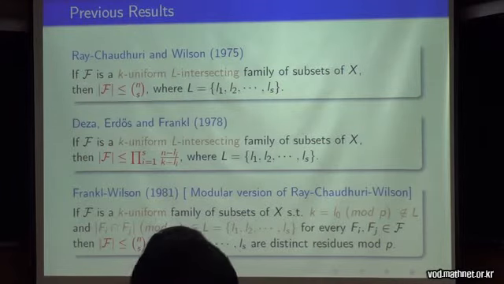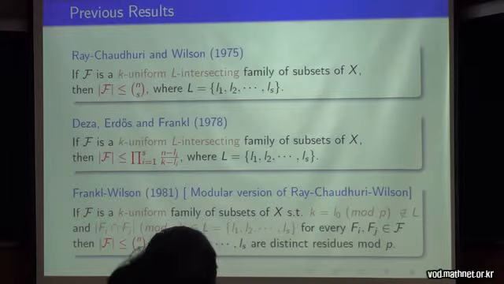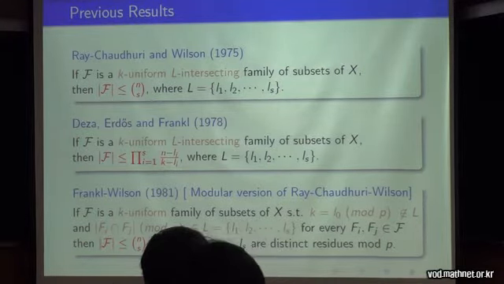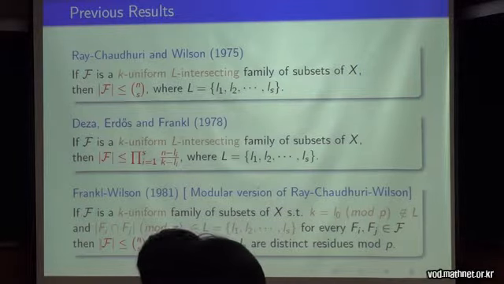In 1975, Ray-Chaudhuri and Wilson got the upper bound for a k-uniform L-intersecting family. In addition, in 1978, Deza, Erdős and Frankl improved their previous upper bound, so they got the upper bound for the k-uniform L-intersecting family like that.